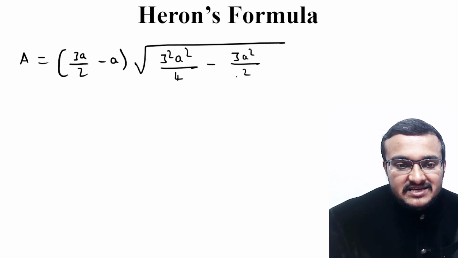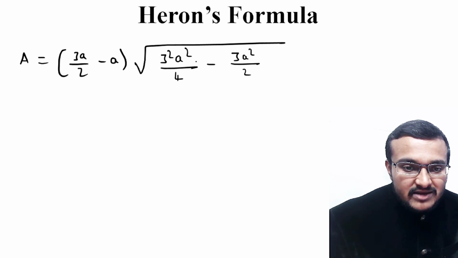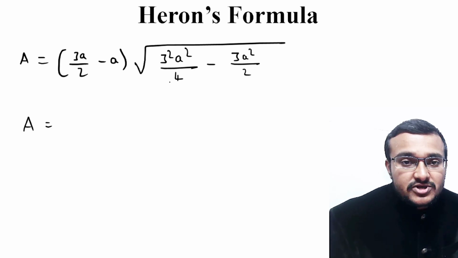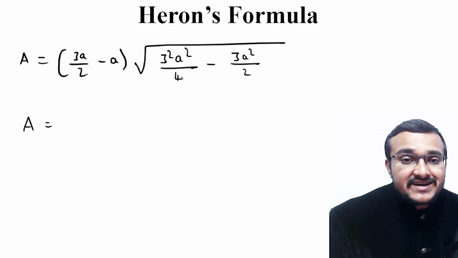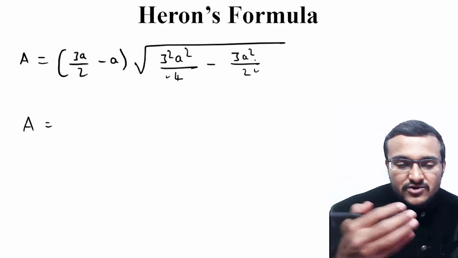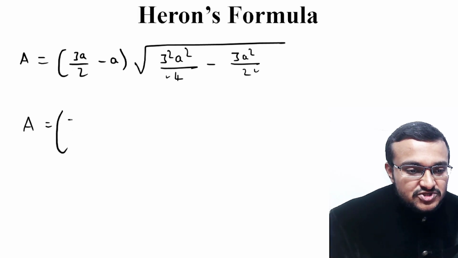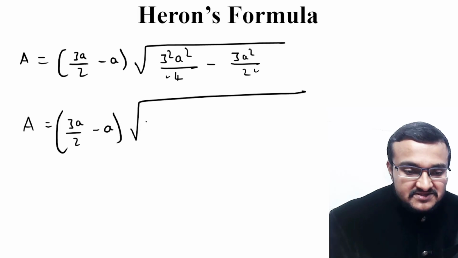Now you can take the LCM of 4 and 2. So the LCM will be 4. Now you can multiply by 4 here, and subtract these two fractions. Whenever you are doing addition or subtraction of fractions, you have to take the LCM of the denominators and follow the steps you follow to find addition and subtraction of fractions.